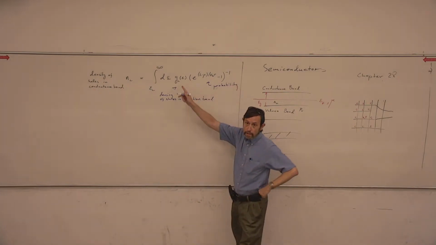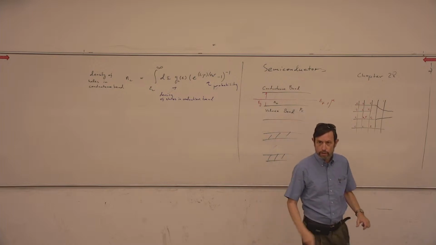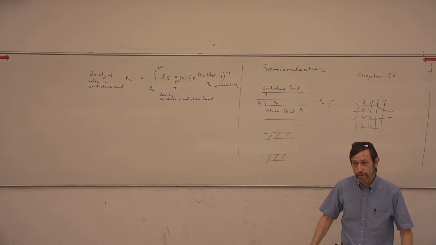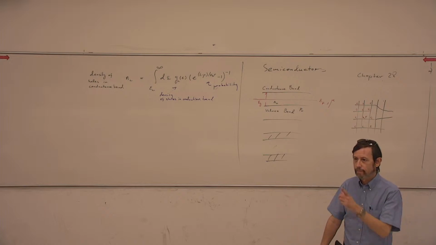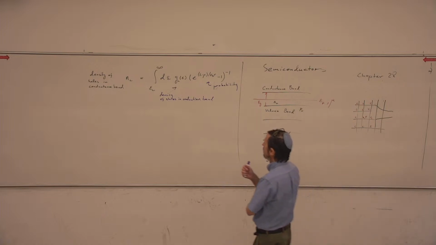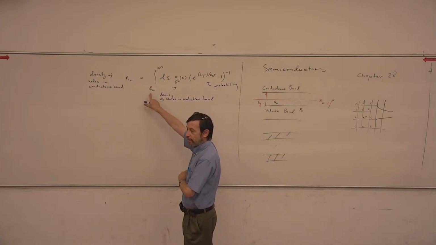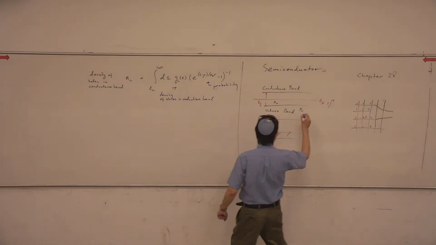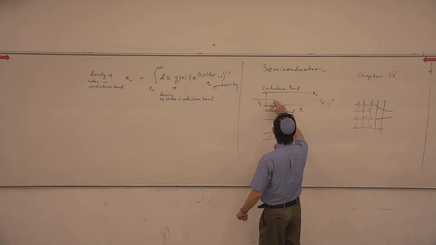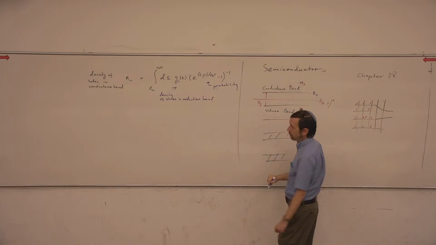What is this exactly? Depends on your semiconductor. Go do tight binding, go do nearly free electrons. What is epsilon c? Energy of the conductor, energy at the beginning of the conductance band.